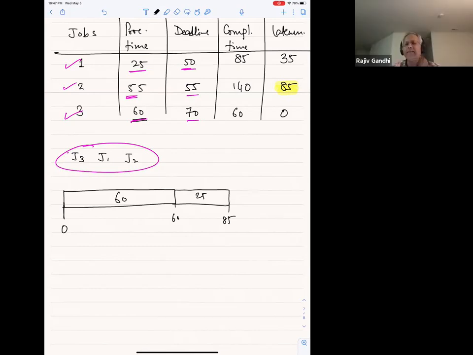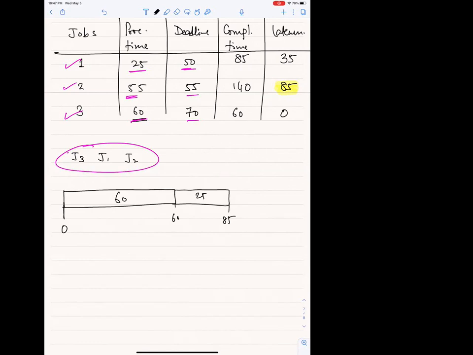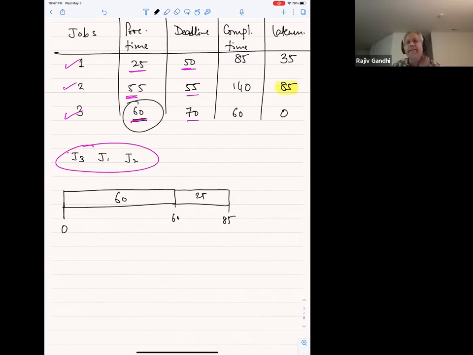Just answer my question right now, because you are going to get marks on that. Give me a number. If job 3 starts at time 0, what time will it complete? It will complete at 70 because the deadline is 70. No, but its processing time is 60.